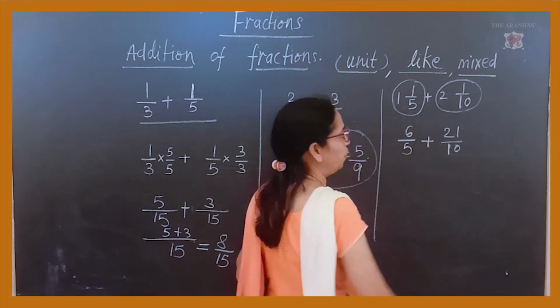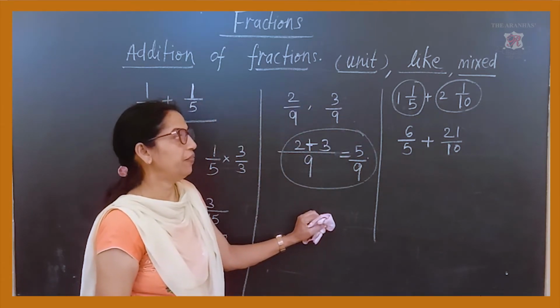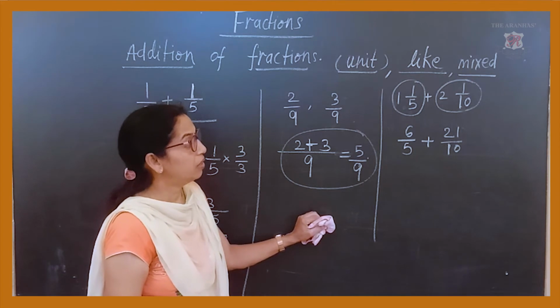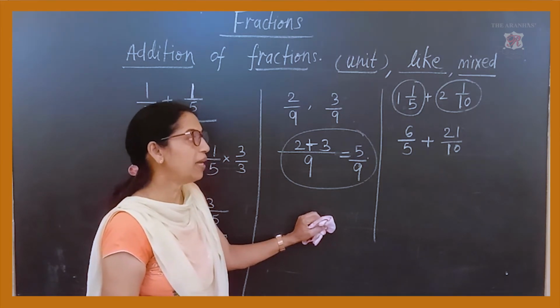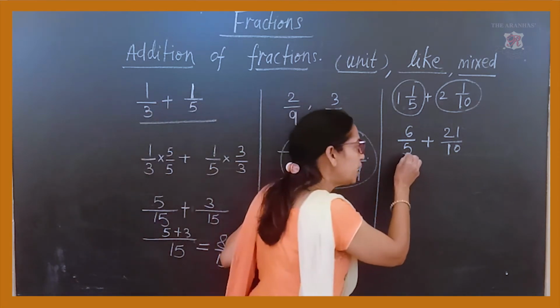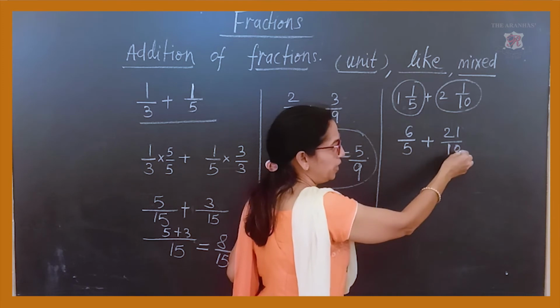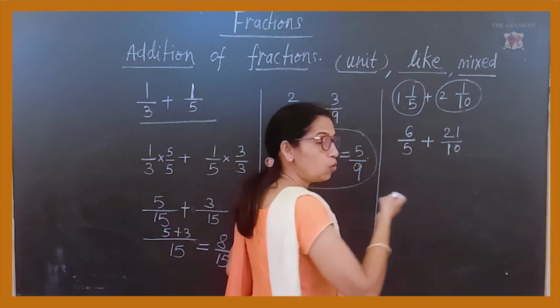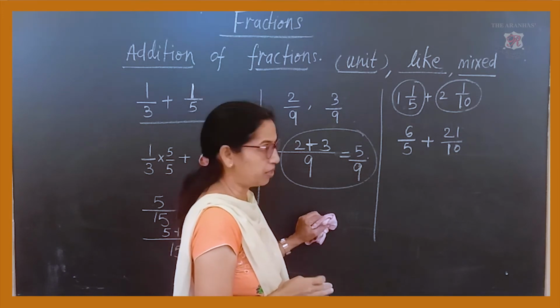And then we have to see whether the denominators are equal. By observing you will see here the denominator is only 5 but here we have 10. So again you cannot directly add the fractions.